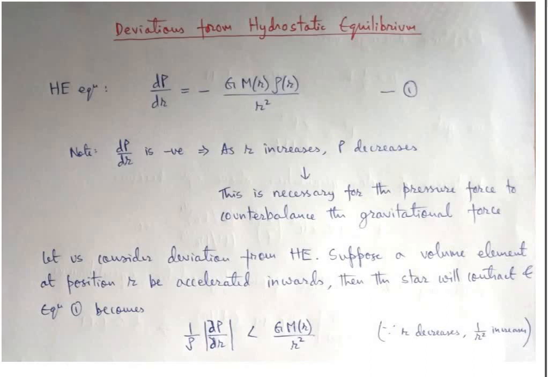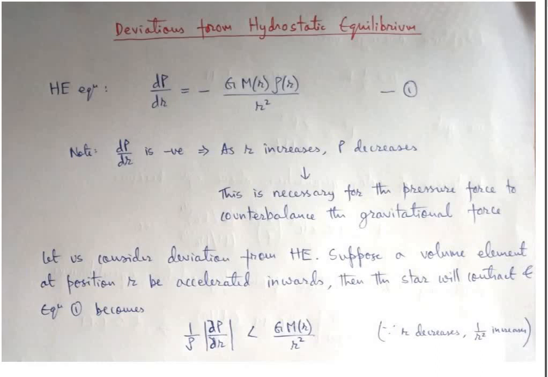And you do note that dP/dr is negative, because as r increases, the distance from the center increases, the pressure decreases, and this is in fact necessary for the pressure force to counterbalance the gravitational force. Now let us consider a small deviation from hydrostatic equilibrium.